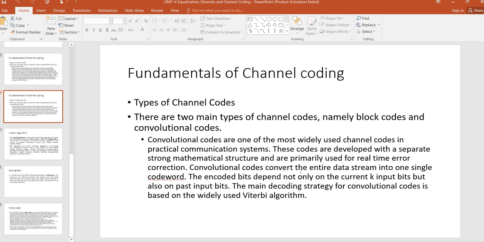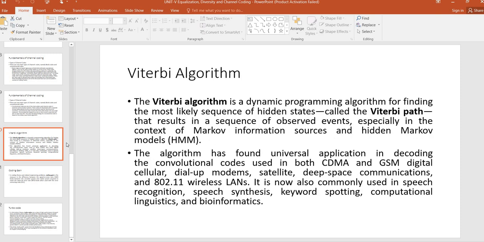The main decoding strategy for convolutional code is based on the widely used Viterbi algorithm. So you have to remember this. The main decoding strategy for the convolutional code is based on this Viterbi algorithm. And let's see this algorithm. What is a Viterbi algorithm?